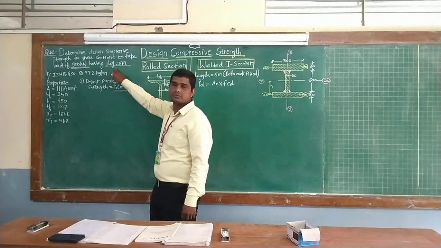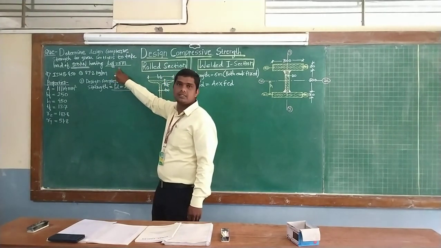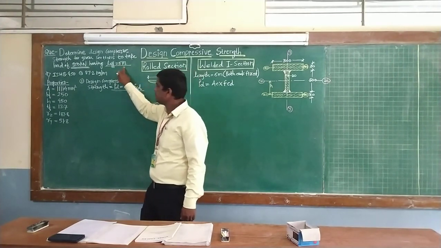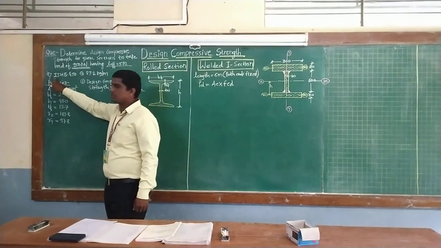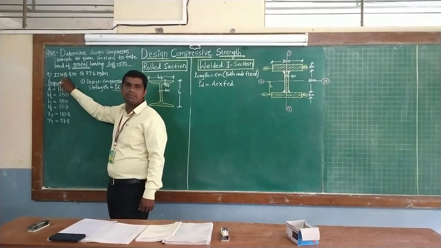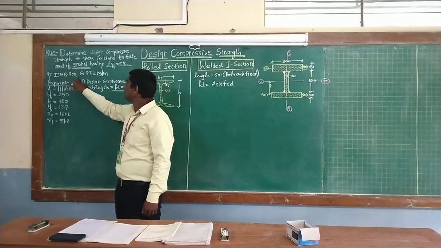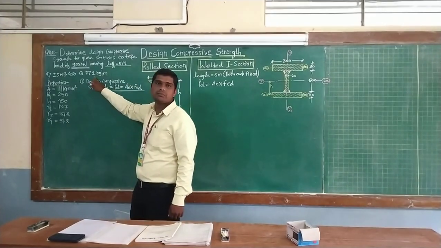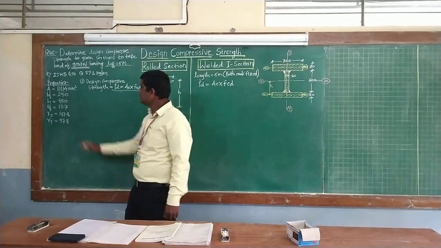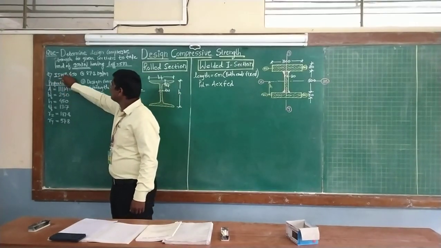L effective is already mentioned in the numerical, that is 5000 mm, meaning 5 meter. Then we are going to use the section, that is Indian Standard Heavy Beam ISHB 450 at the rate of 87.2 kg per meter.